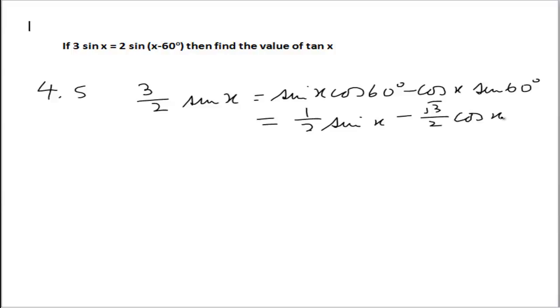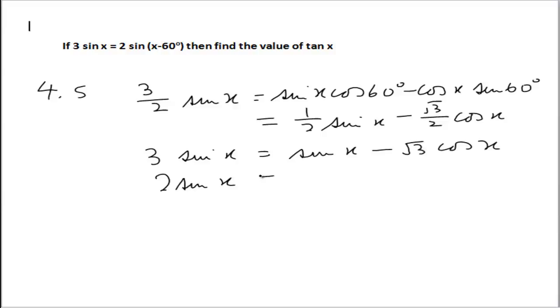Now if I multiply throughout by 2, I will get 3 sine x is equal to sine x minus root 3 cos x. On the left hand side, 3 sine x minus sine x is 2 sine x, and on the right hand side I have minus root 3 cos x.